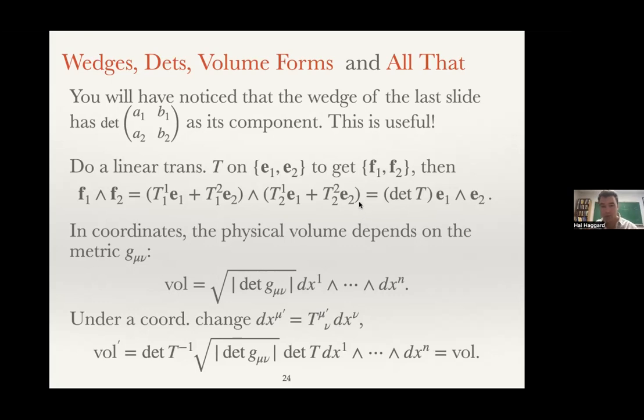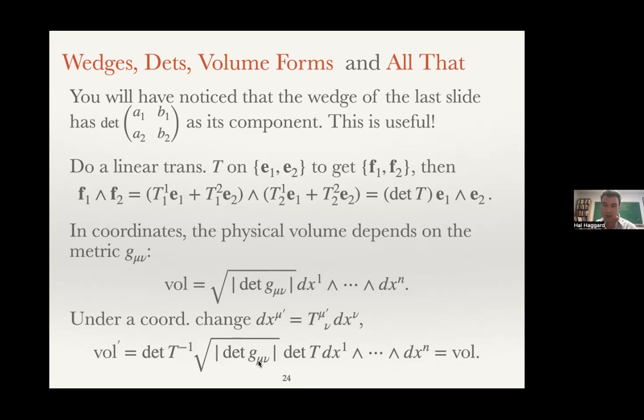Well, according to what we were just calculating, that means that this differential here, dx1 wedge all the way up to dxn, should transform by the determinant of that transformation. But, and this is the whole reason for introducing a volume form, the volume form should be invariant under such transformations. And this explains, if you ever felt any mystery about what this prefactor is doing here, this square root of det g, this explains why.